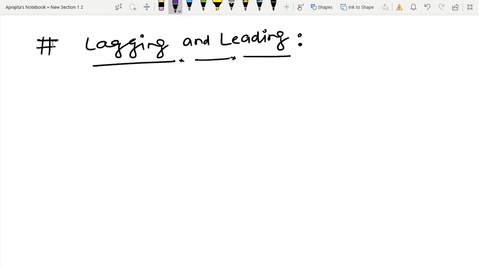In order to understand the definition, we are going to consider the more general expression of a sinusoid. So I am going to represent the sinusoid in a more general form: Vm sine omega t plus phi.